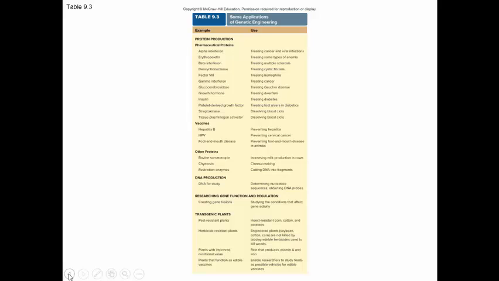That's how we now have Humulin. That's human insulin. They took out the insulin gene and put it into a particular culture cell, and we're able to produce it. Tissue plasminogen activator, TPA. So all of these are products from genetic engineering and from doing this process.